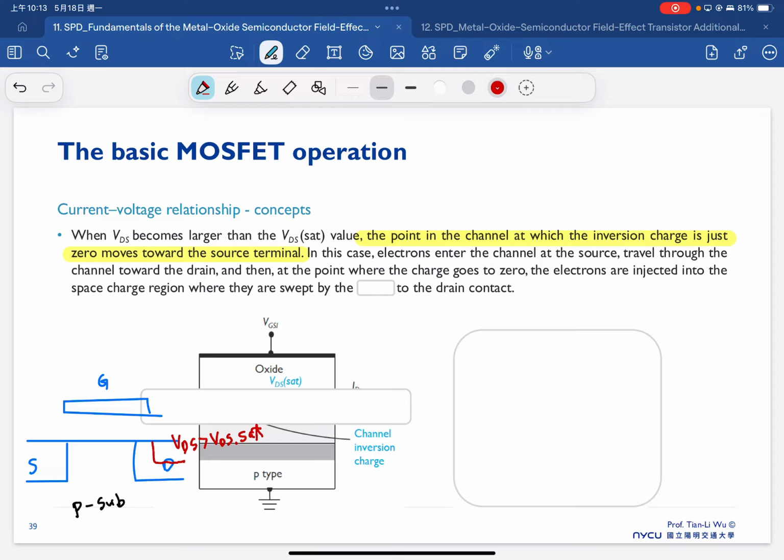So we can expect a wider depletion region to form between the drain and substrate when we apply a high enough VDS. This is the region where we have the wide depletion region, or space charge region. It's the same.